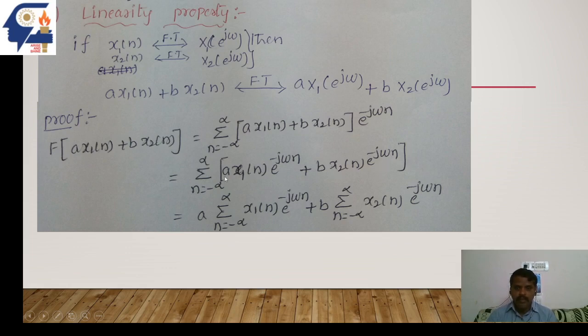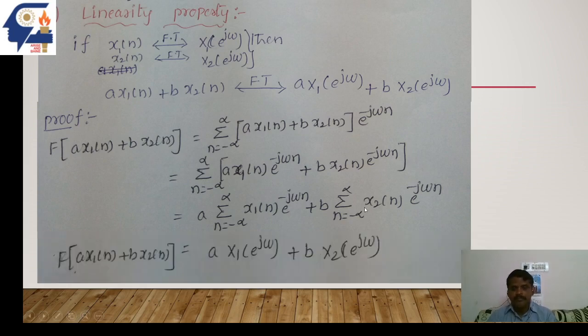Now a is an arbitrary constant, take it outside, then summation n equal to minus infinity to plus infinity x1 of n e power minus j omega n. This is nothing but, in general, X of e power j omega, but this is x1, so capital X1 of e power j omega plus b into capital X2 of e power j omega. So this is the proof.